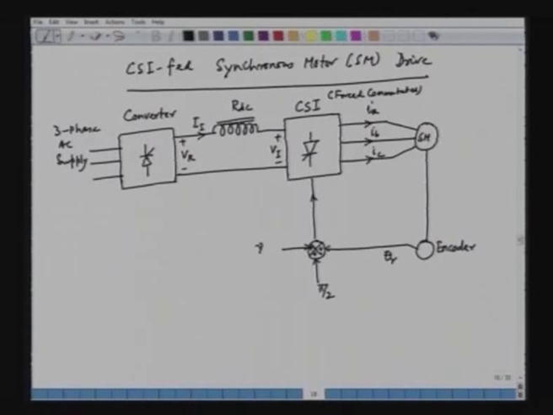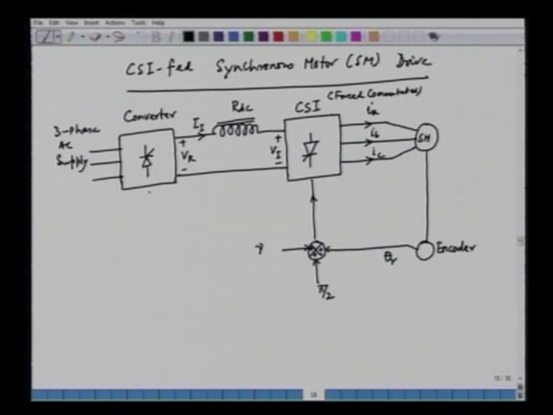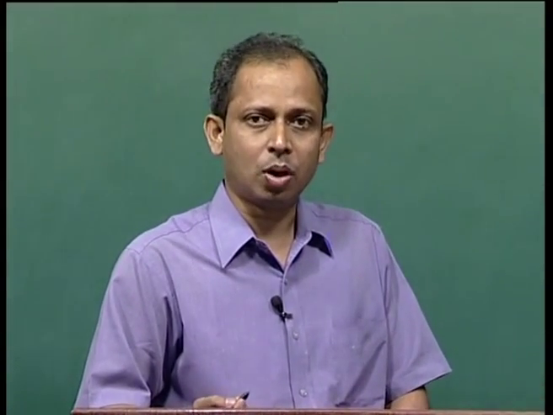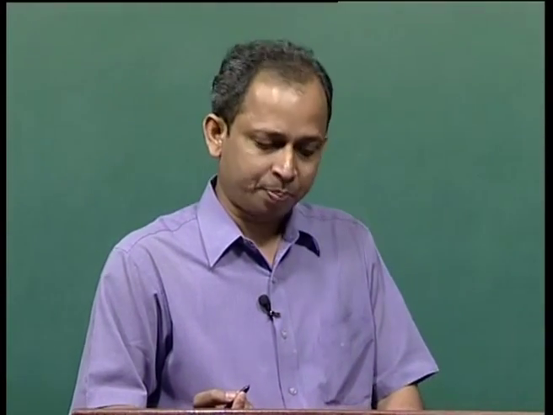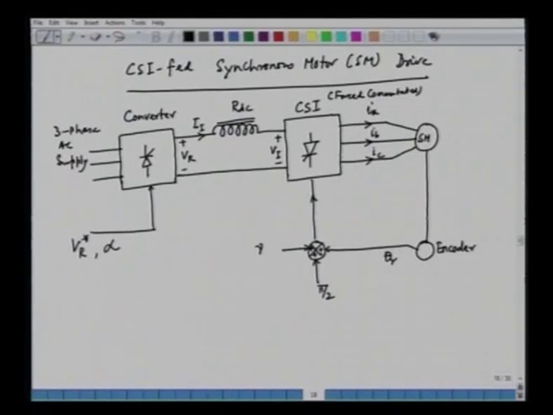And similarly, in the converter side, we can apply a reference VR, and alpha is automatically controlled to give us the reference VR. We can say, for example, that VR we want to be 200 volt or 300 volt, and depending upon the VR, alpha is generated to satisfy the reference VR. So, this is the power circuit diagram of a CSI fed synchronous motor drive.